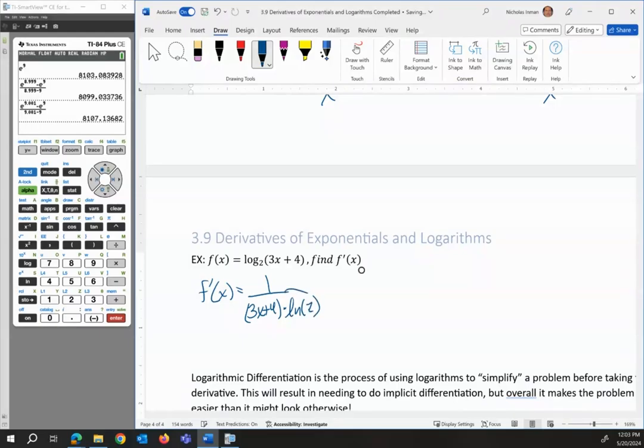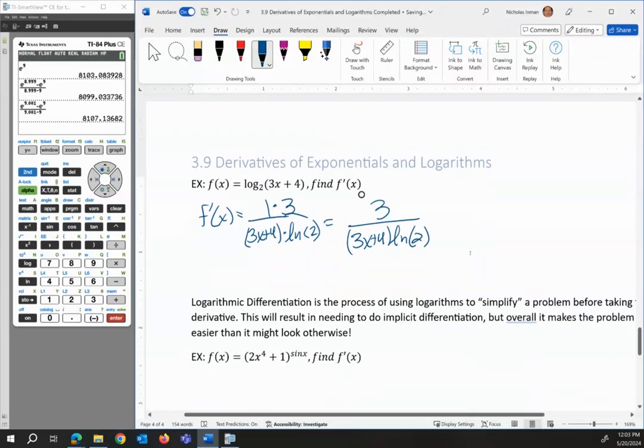That's not a natural log, so I have to times the natural log of that base. But since there's stuff inside of here that's not just an x, I do have to do the chain rule, multiply by the derivative of the inside, which is 3. So we have this answer here, 3 over 3x plus 4 times the natural log of 2.